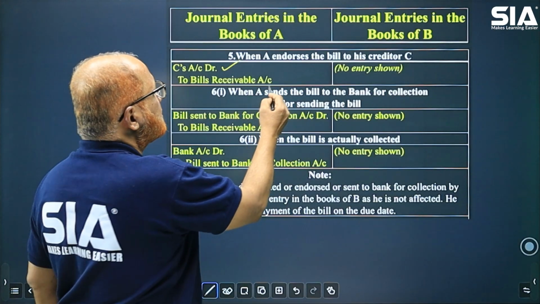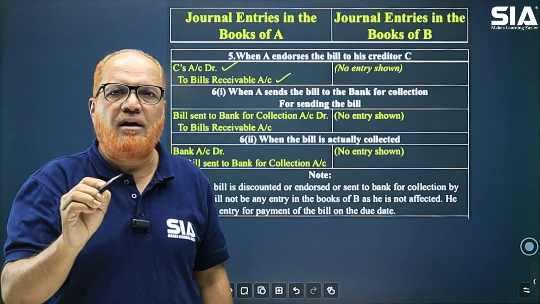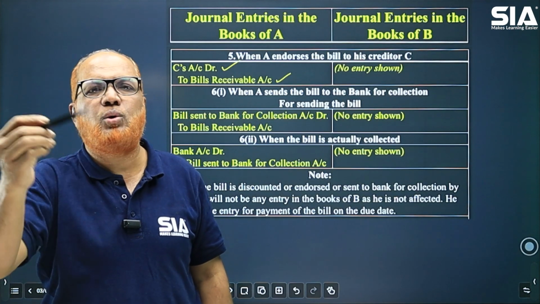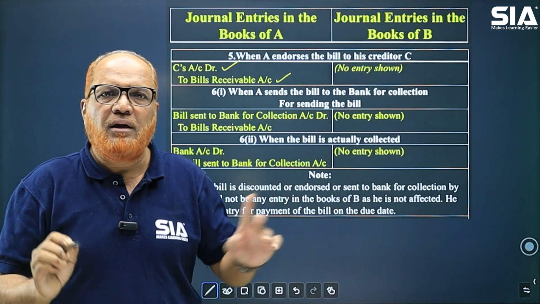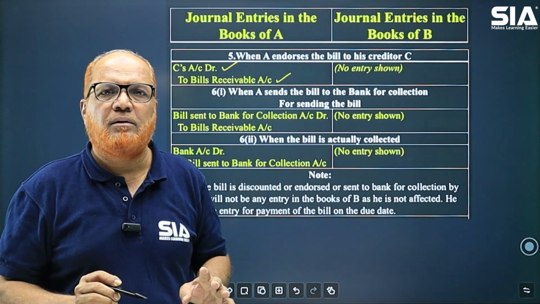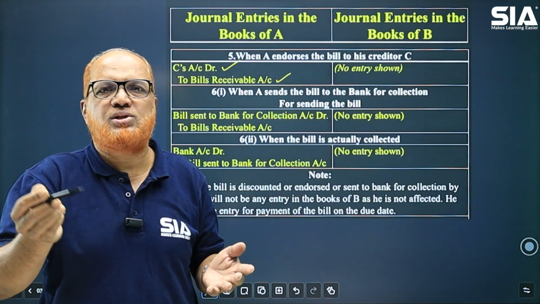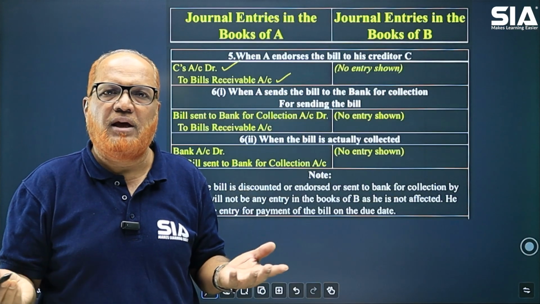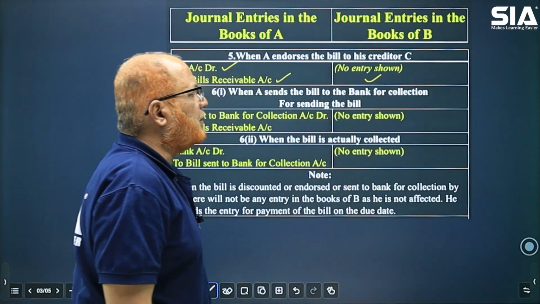So credit bills receivable. This is the entry when the bill is endorsed by A to C. And remember again, no entry in the books of B. Just now I told, he is not bothered whether you are endorsing or whether you are discounting anything. So here no entry in the books of B.